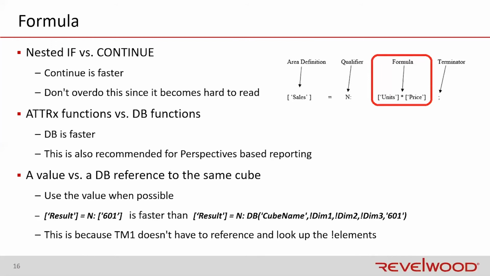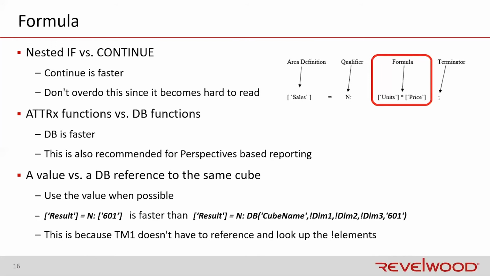So one of the recommendations we make is to use your DB formula in Perspectives instead of using any type of ATTR. PAX doesn't necessarily have that. PAX will pull DBR and DBRW and ATTRS all at the same speed, same performance. But if you're in Perspectives, use the DB formula instead of the ATTR formula.